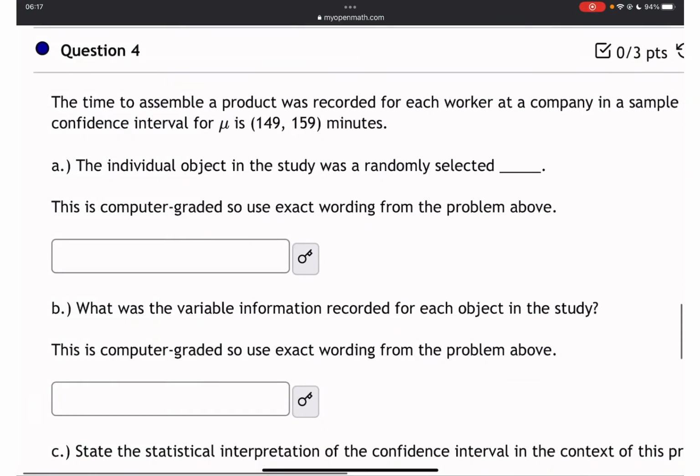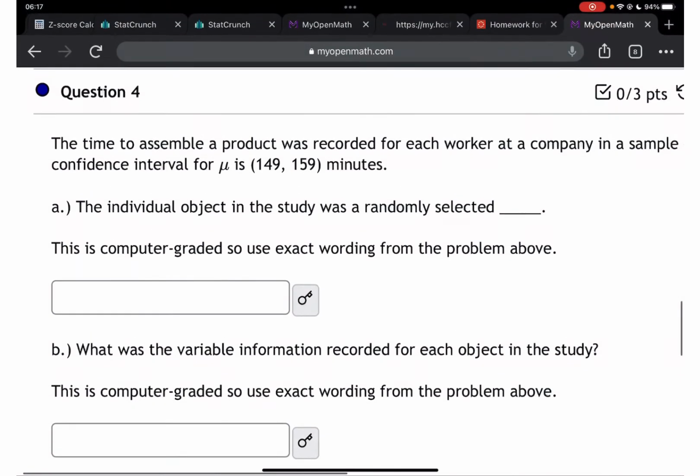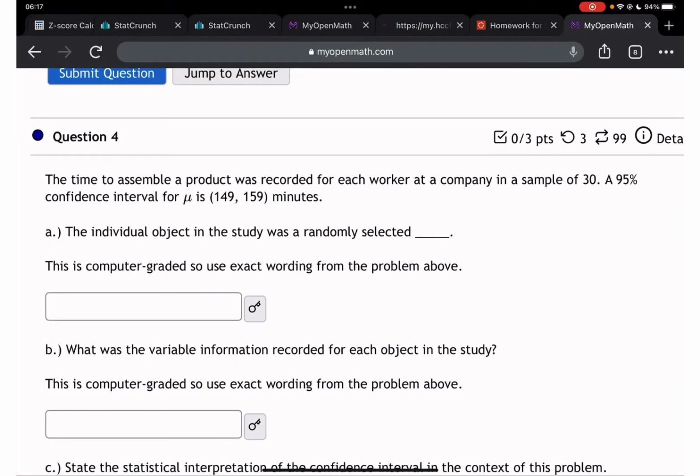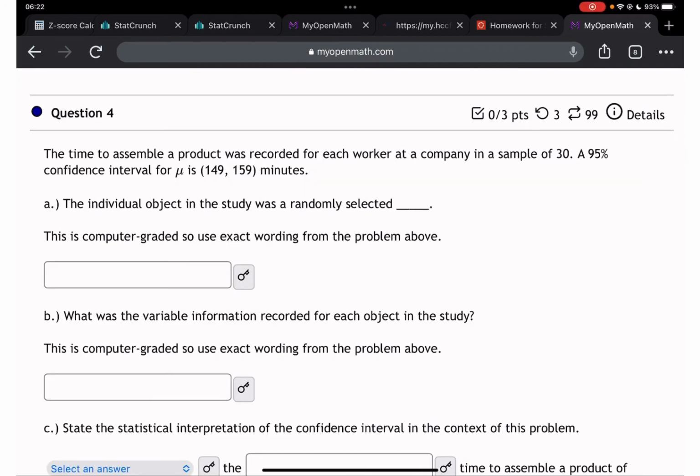Moving to question number 4. What do we have here? The time to assemble a product was recorded for each worker. It's going to be the same thing. So the individual, question A, the individual object in the study that was randomly selected.